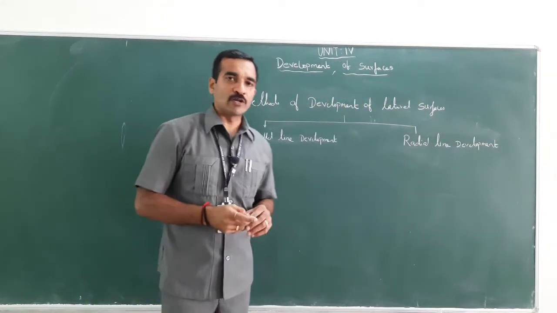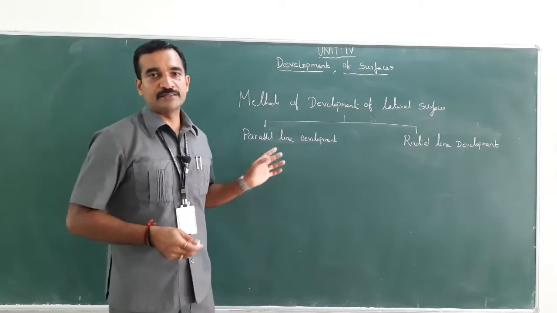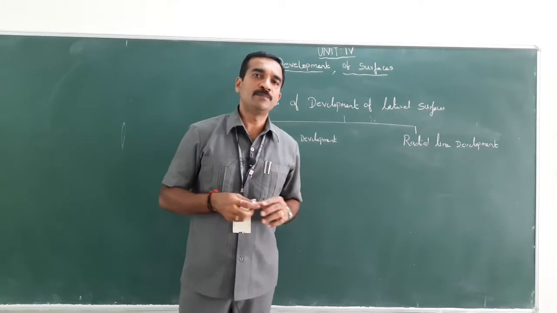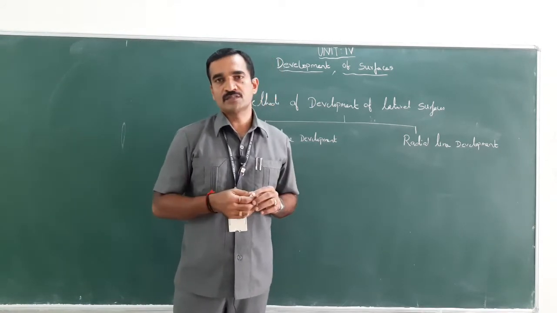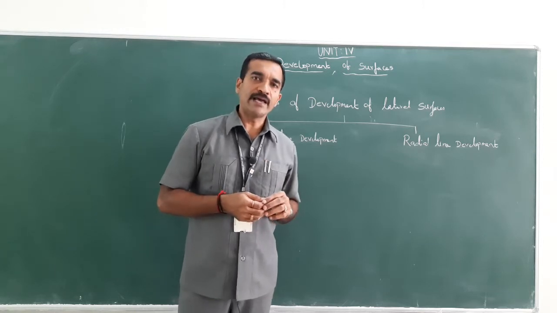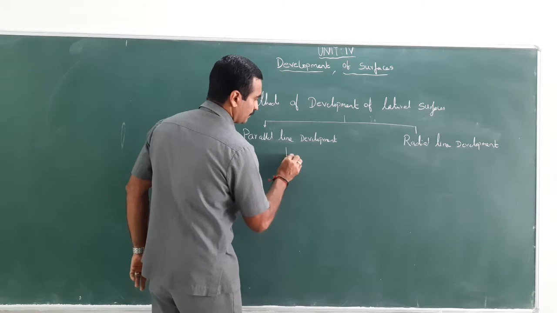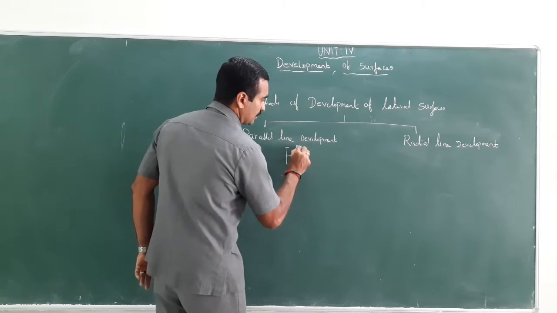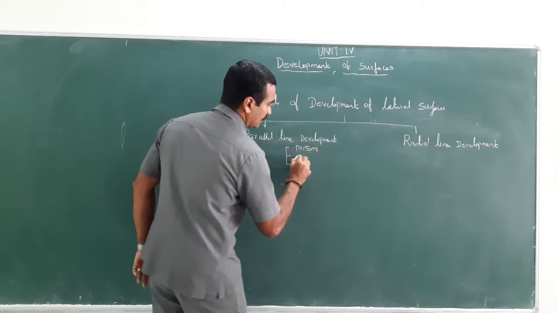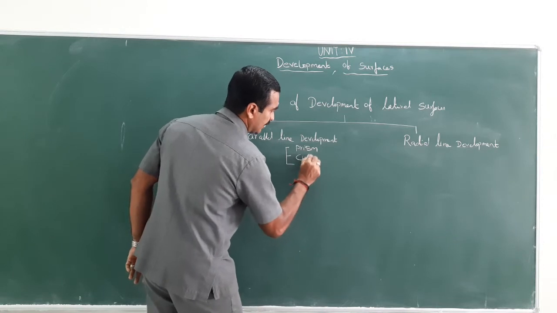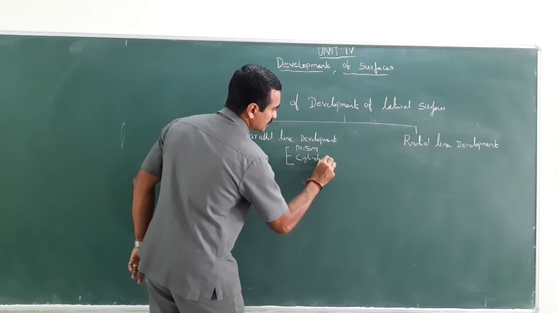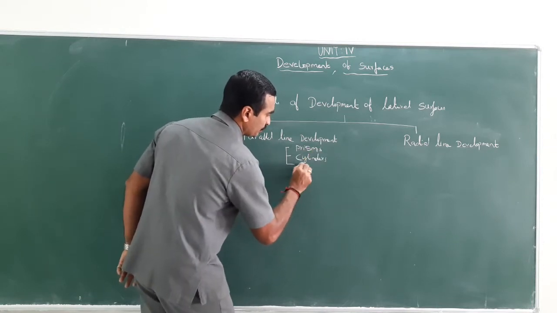See, the parallel line development method is used to develop the prisms, cylinders and cubes. This method is for all kinds of prisms, then cylinders and cubes.